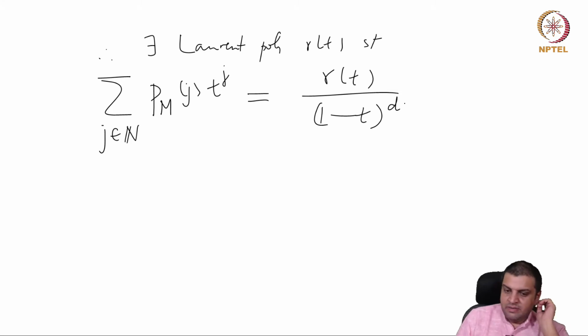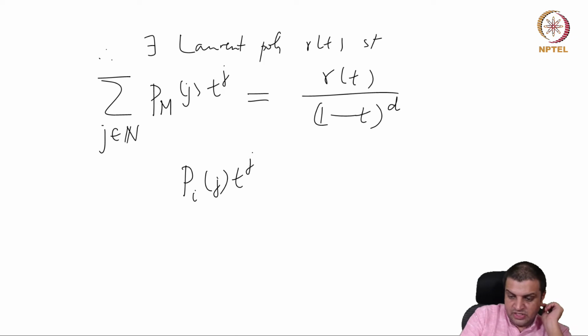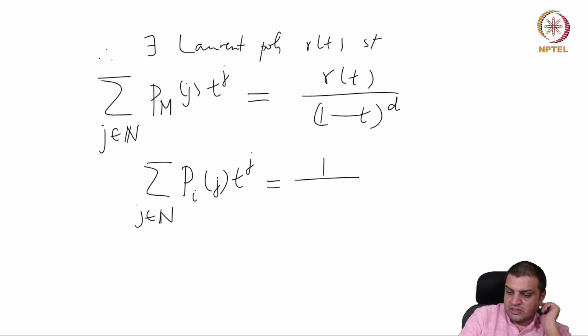On the other hand, if we take each one of these binomial polynomials, P_i, take its value at j times t to the j, and then do the sum, it is easy to check that this is of the form 1 over 1 minus t to the 1 plus i.